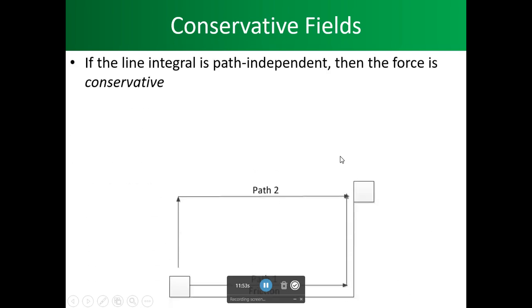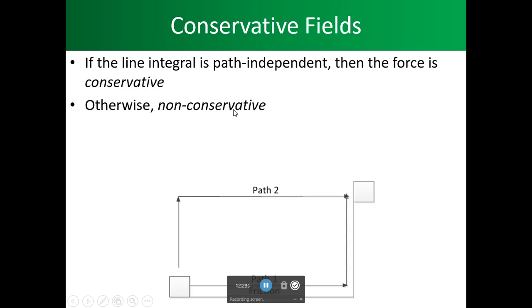Now, the rule is that if the line integral is path independent, then the force is conservative. When you're talking about the path being independent, that means it can go anywhere you want, any way to get to that point. That's why it's independent.